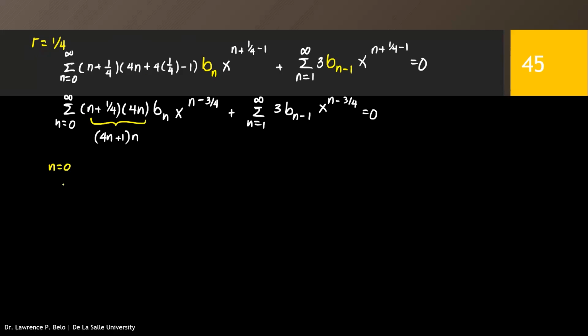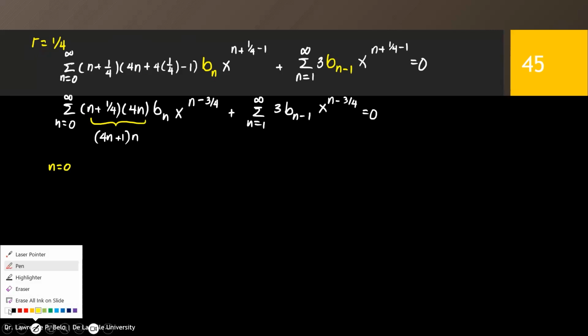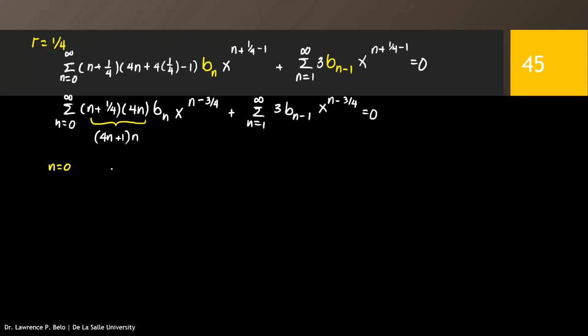When n equals 0, what I'll have is 1, 0, b sub 0 is 0 because the second part of the equation still will not activate. So I can say for this to be 0, there's already a 0. B sub 0 is arbitrary.